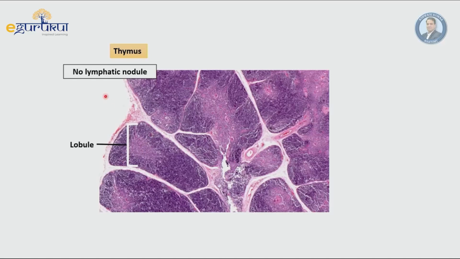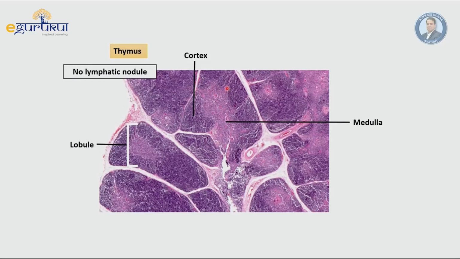And what you see in the lobule is that we have a cortex and we have a medulla. But the cortex is darkly stained and the medulla is lightly stained. The cortex is darkly stained because in the cortex we have a large number of densely packed small lymphocytes. So loads of small lymphocytes will be present in this cortical part here.